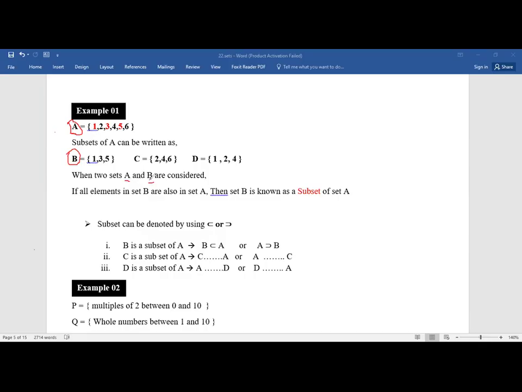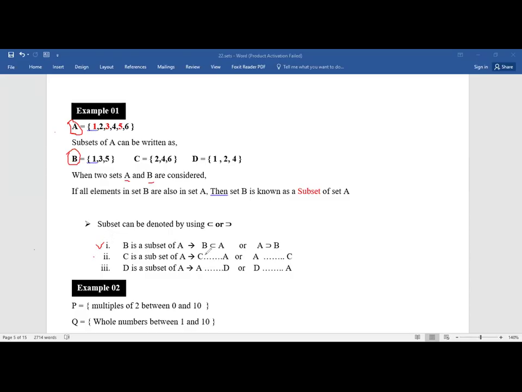When two sets A and B are considered, if all elements in set B are also in set A, then set B is known as the subset of A. Now, please write down the answer for the first one. First one has been done.